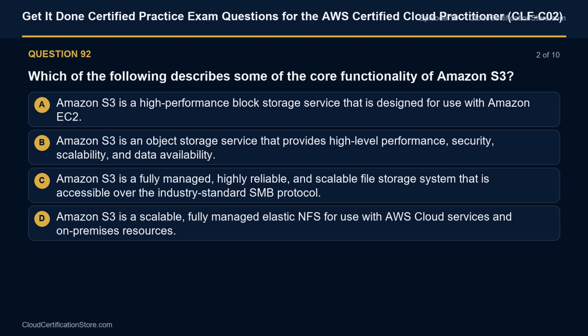Option C. Amazon S3 is a fully managed, highly reliable, and scalable file storage system that is accessible over the industry-standard SMB protocol. Option D. Amazon S3 is a scalable, fully managed elastic NFS for use with AWS cloud services and on-premises resources.